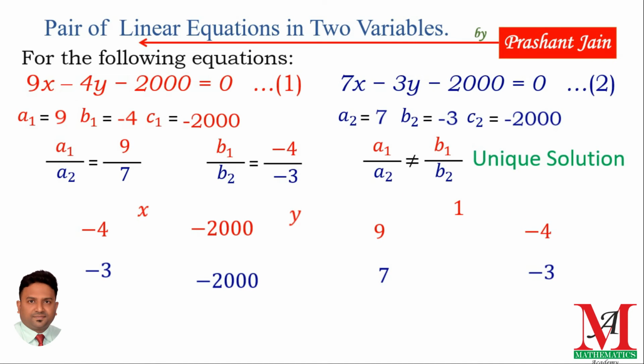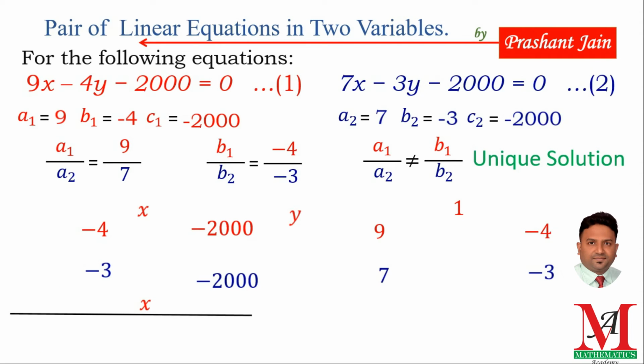To find the value of x, we write x first, put the denominator side, and multiply minus 4 with minus 2000. Put a minus sign and multiply minus 3 with minus 2000.